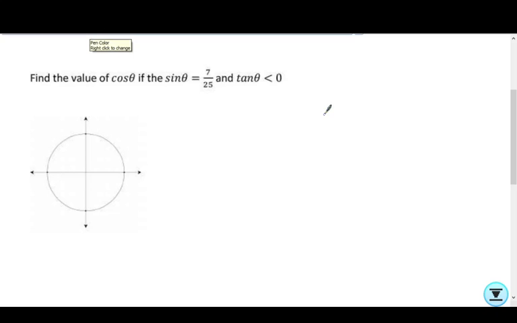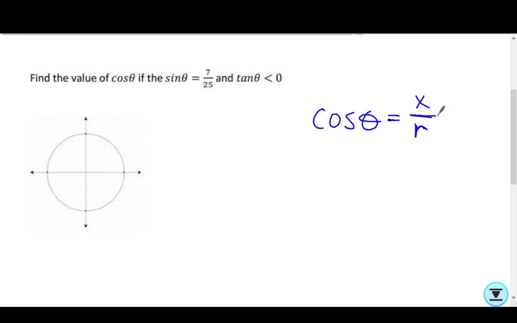So right off the bat, I'm looking for cosine theta, and the cosine theta's trig ratio is x over r. So I need to find the x part of my triangle and the r part of my triangle. Now before, I've given you either a point, a coordinate that will tell me which quadrant I'm in, or I straight said, hey, it's in quadrant whatever.